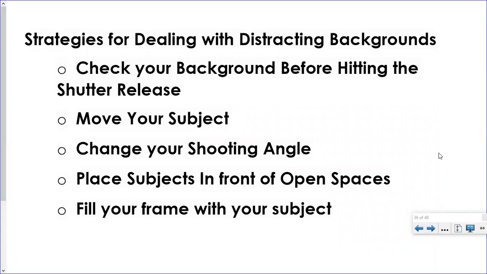Here are some ideas or strategies for dealing with distracting backgrounds. First of all, before you take a picture, check your background. Next, if your background is too distracting, move the person or the subject to a place that has a plainer background. Another thing you could do is change your shooting angle.